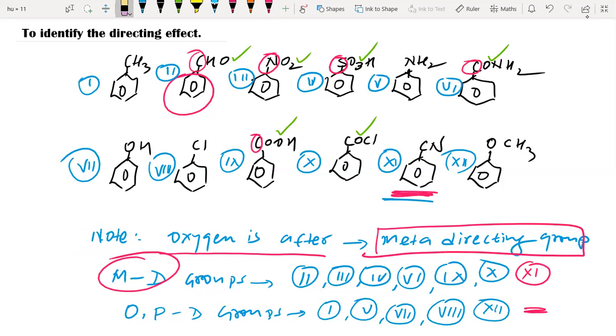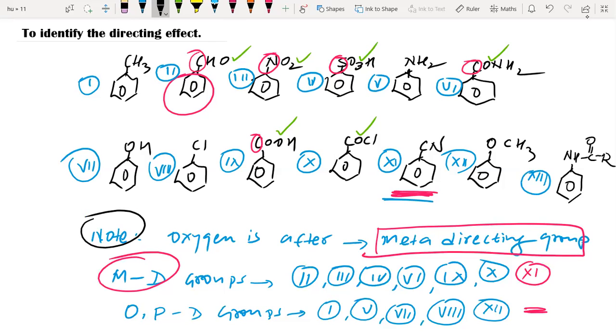Generally in most cases, what happens is exceptional cases are there. So even for ortho-para directing, I'll write one structure, say we'll give number 13 here. The structure is benzene having NHCOR. According to the note, oxygen after is meta directing.